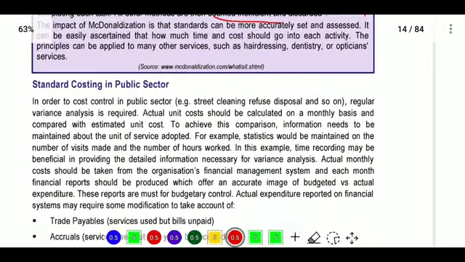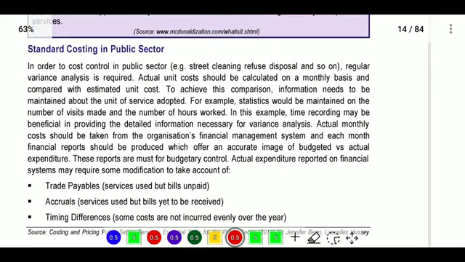Next, standard costing in public sectors. In order to control cost in the public sector, for example street cleaning, refuse disposal and so on, regular variance analysis is required. Actual unit cost should be calculated on a monthly basis and compared with the estimated unit cost.